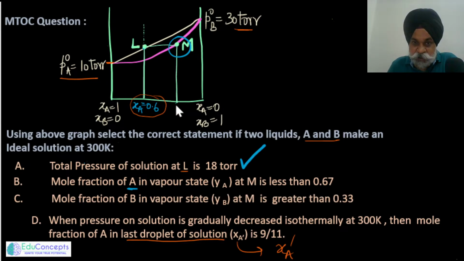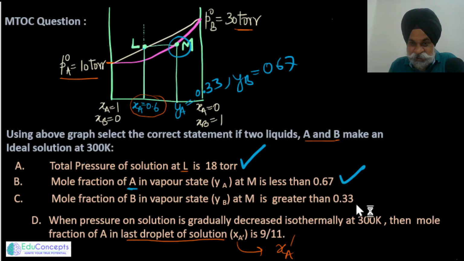What was the YA we got? YA was 0.33 and YB was 0.67. So it is less than, which means it's a correct one. Mole fraction of B in the vapor state at M is greater than 0.33. YB is definitely greater than 0.33. So both statements in a way are correct.